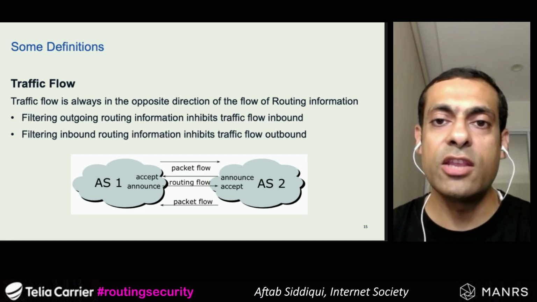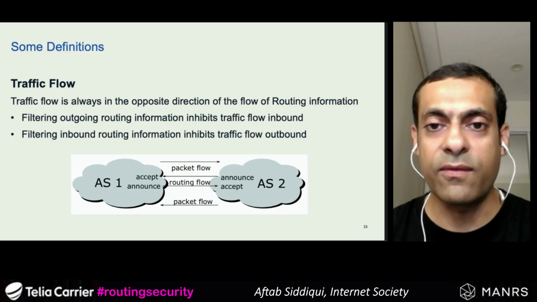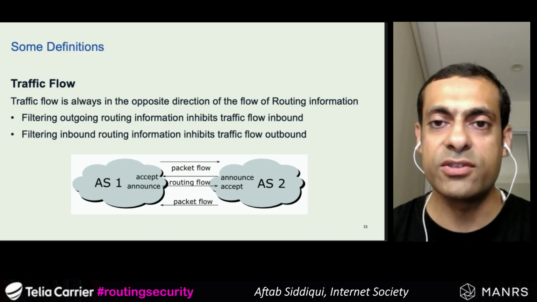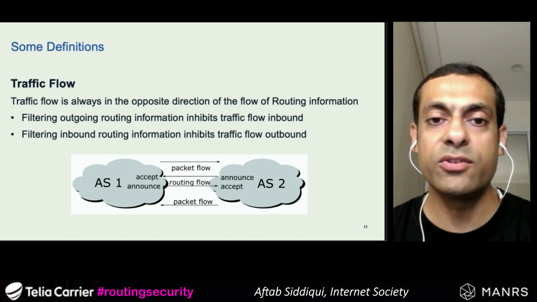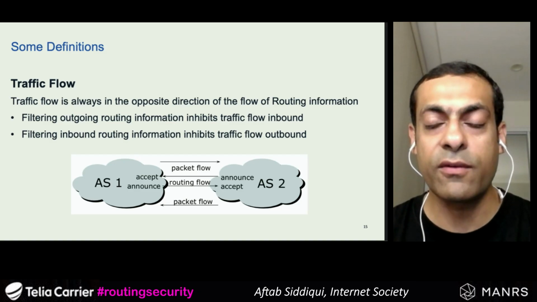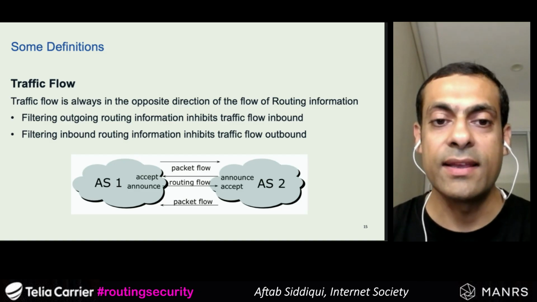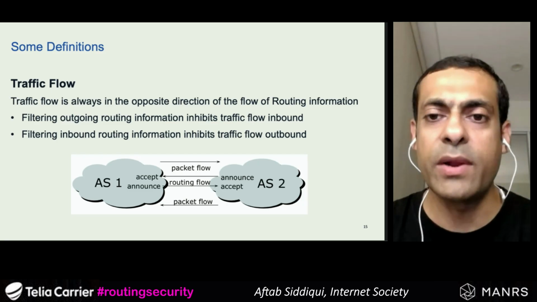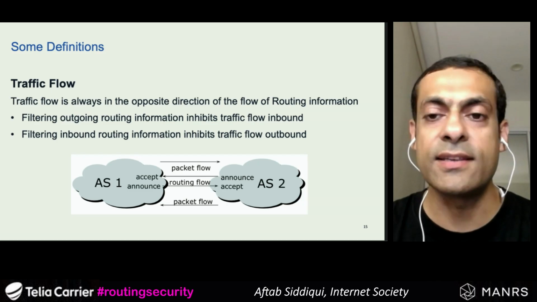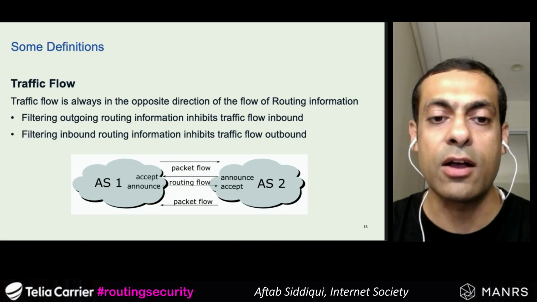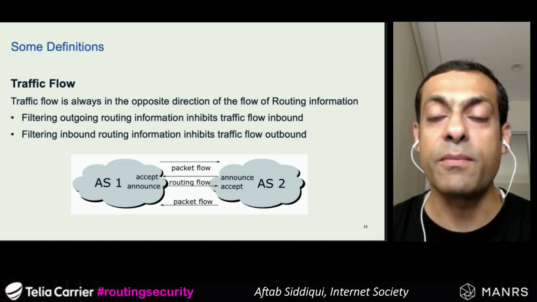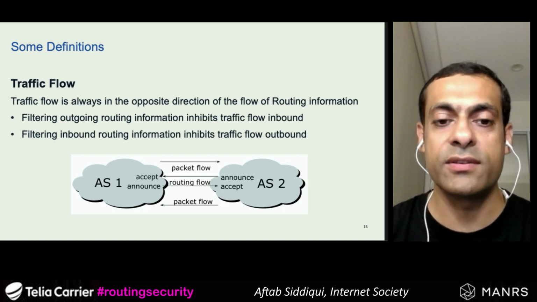And when you are restricting the incoming routing flow, if you are putting the filters on what can come in, it means you are putting a restriction on the traffic flow for going outside. It sounds complicated, but once you understand that, it's easy for you to implement prefix filtering and other filtering.